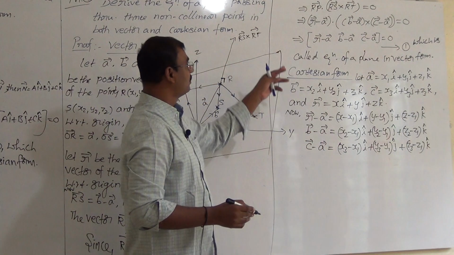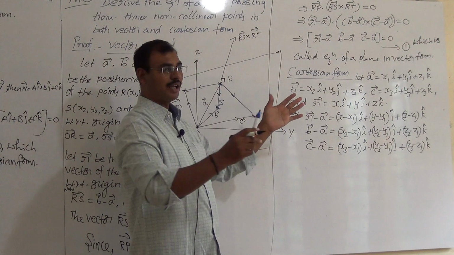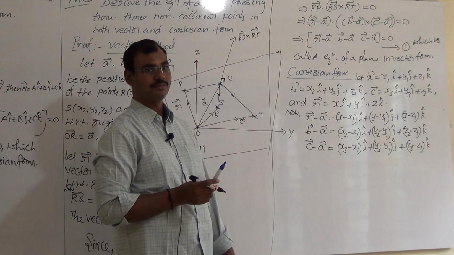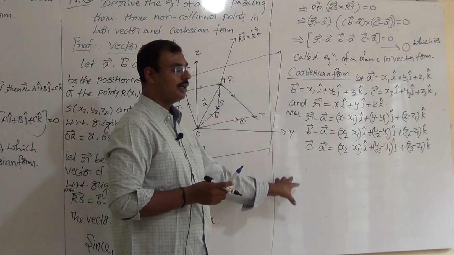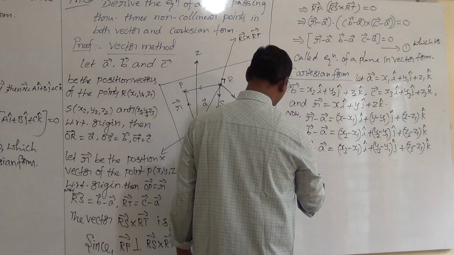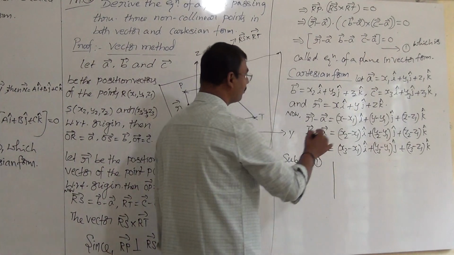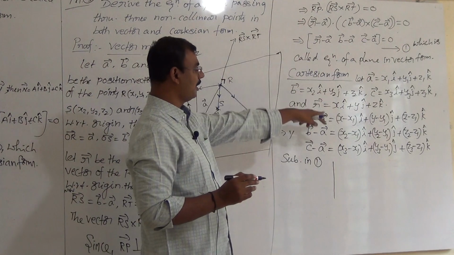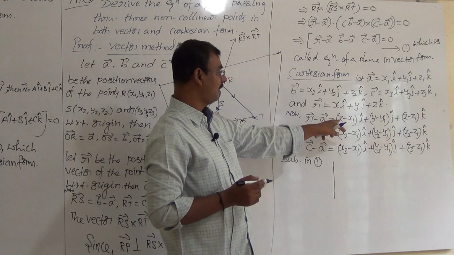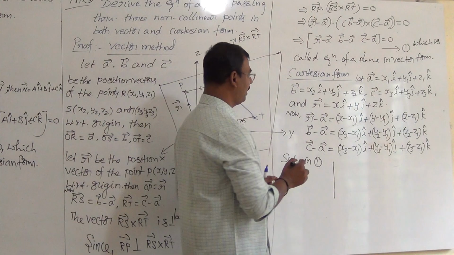All these values substitute in equation 1. If you write these values in vector form, we get a big expression. So to avoid this, what we have to do is use the matrix determinant method. The first row is R bar minus A bar, the i, j, k coefficients: x minus x1, y minus y1, z minus z1.